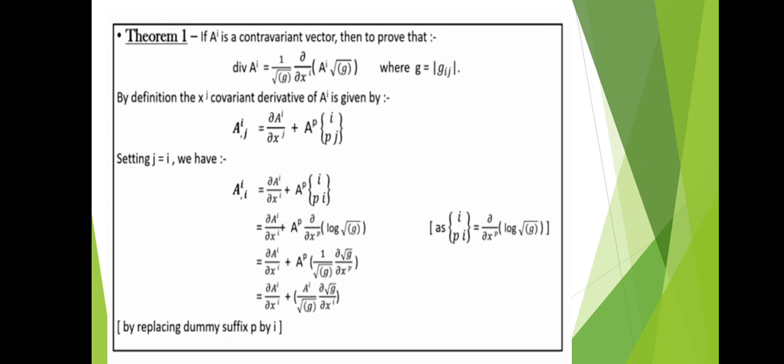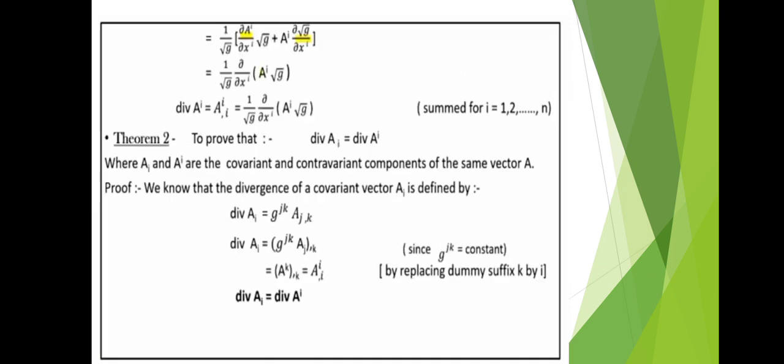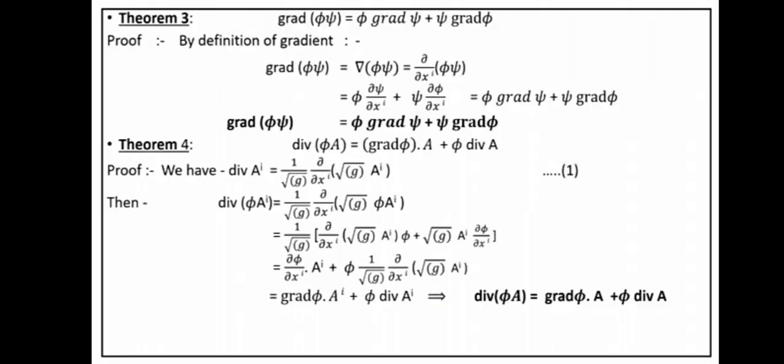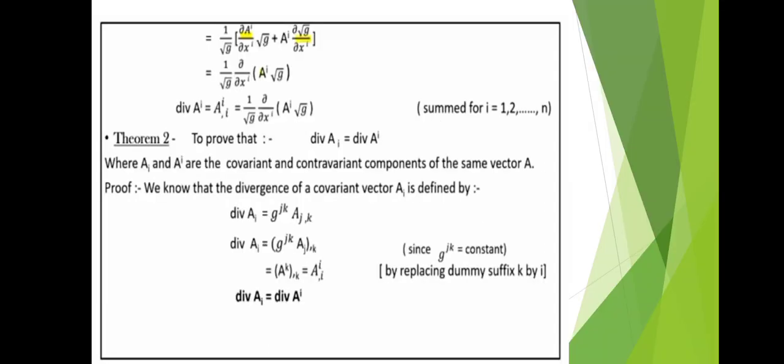By solving it more we get del AI upon del xi plus AI del under root g upon under root g del xi. By replacing dummy suffix p by I, we get the value as 1 upon under root g del AI upon del xi under root g plus AI del under root g upon del xi.